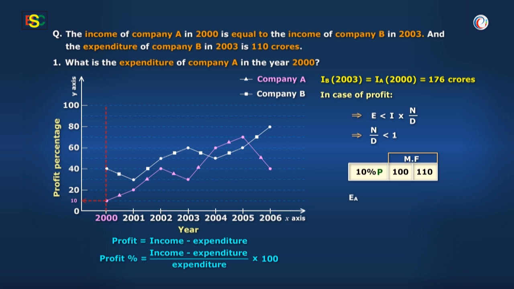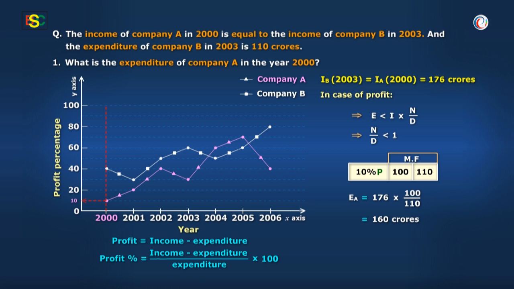Thus, the expenditure of company A becomes 176 into 100 by 110 equals 160 crore, the required answer. Correct, Vidya? Yes, this approach has given good visualization. It is crystal clear in my mind.